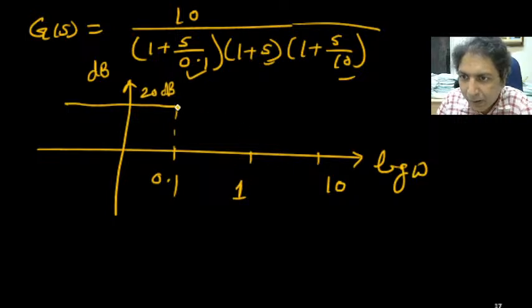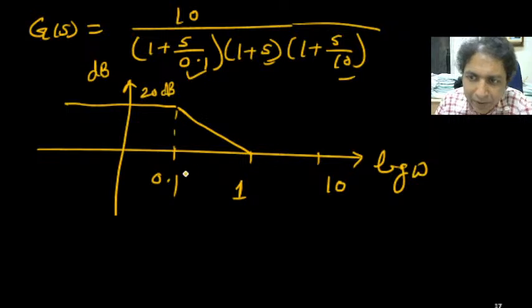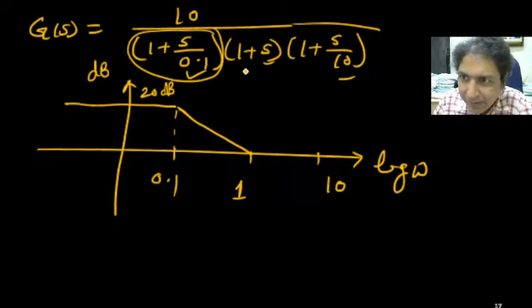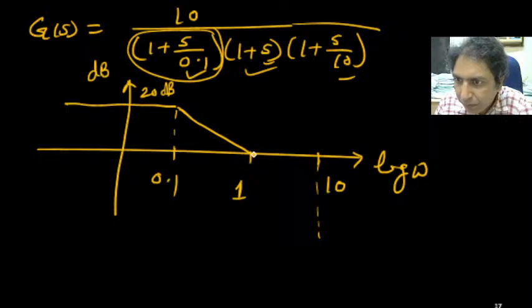Then you will have a slope of minus 20 dB per decade because of this factor. Then another one from here. Now you will get minus 20, minus 40 dB.